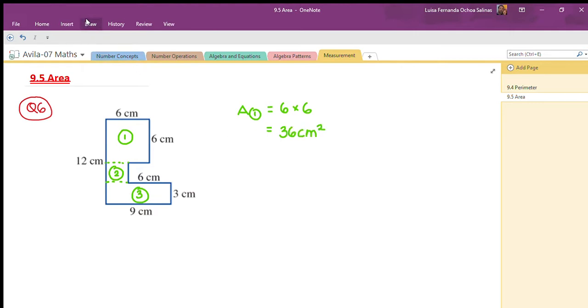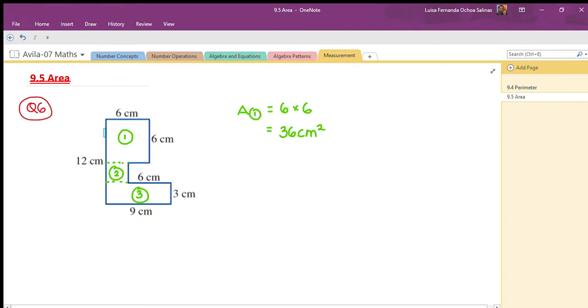Okay, with a different color, I'm going to do shape 2. Shape 2, then I have that. Okay, let's start here. Again, this time I'm going to highlight with blue here.